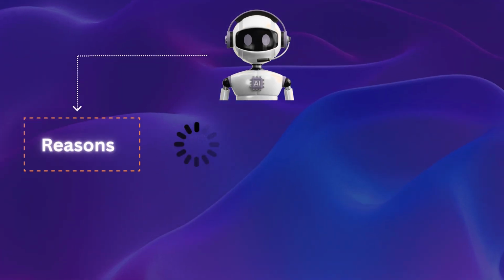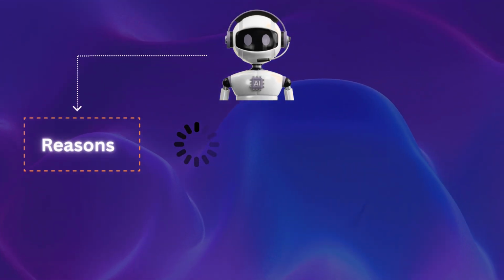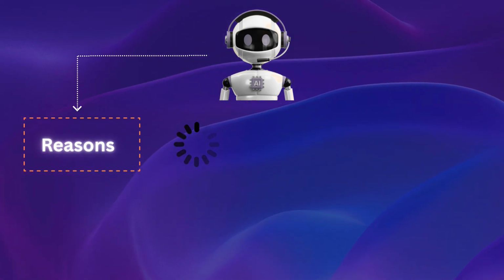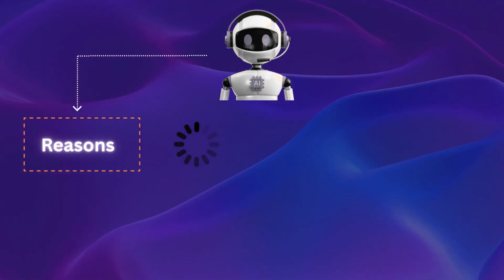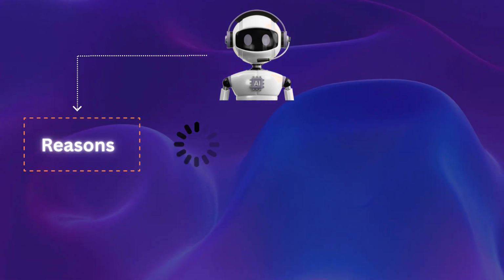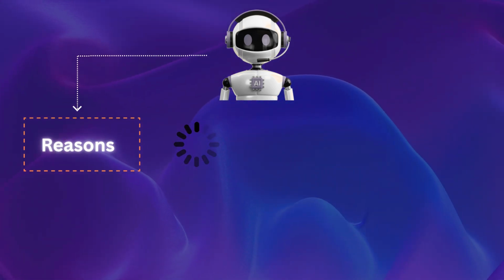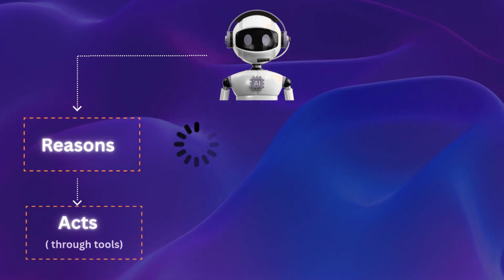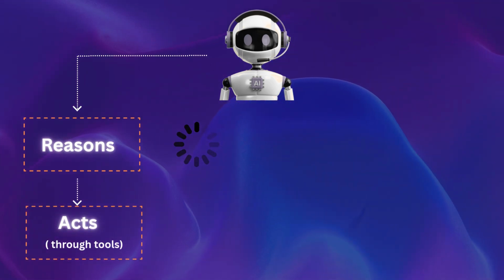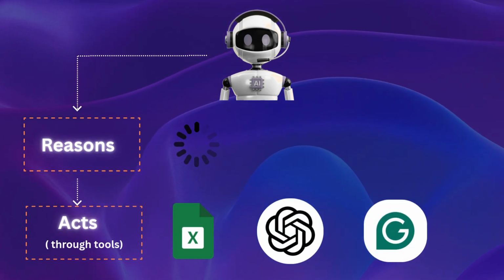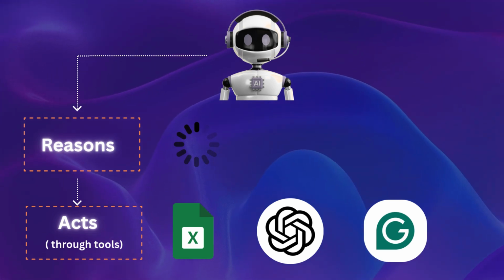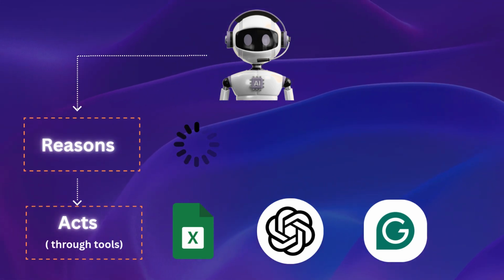First, it reasons. Okay, I need to monitor incoming communications, identify orders, figure out what information is relevant, extract it reliably regardless of format, and get it into the spreadsheet. It plans the approach. Second, it acts. It uses tools. I'll need access to the email system, maybe an extraction tool that can handle different formats, and integration with the spreadsheet software.